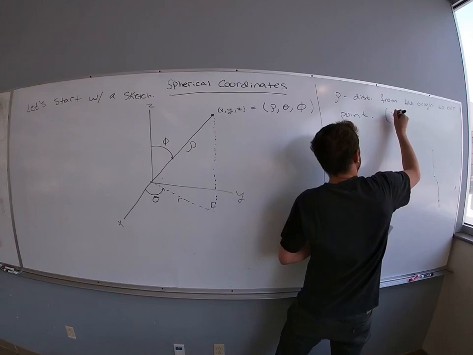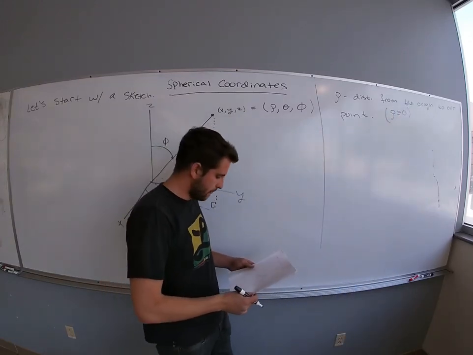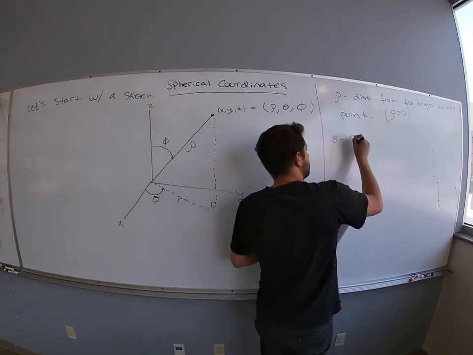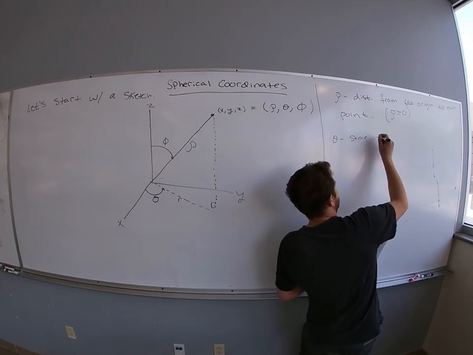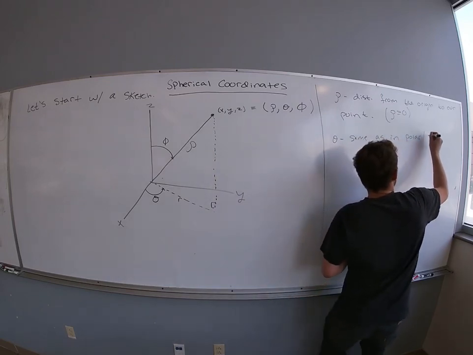And notice that rho, like r, is going to be greater than or equal to 0, okay? Theta is the same as before, same as in polar and cylindrical coordinates.